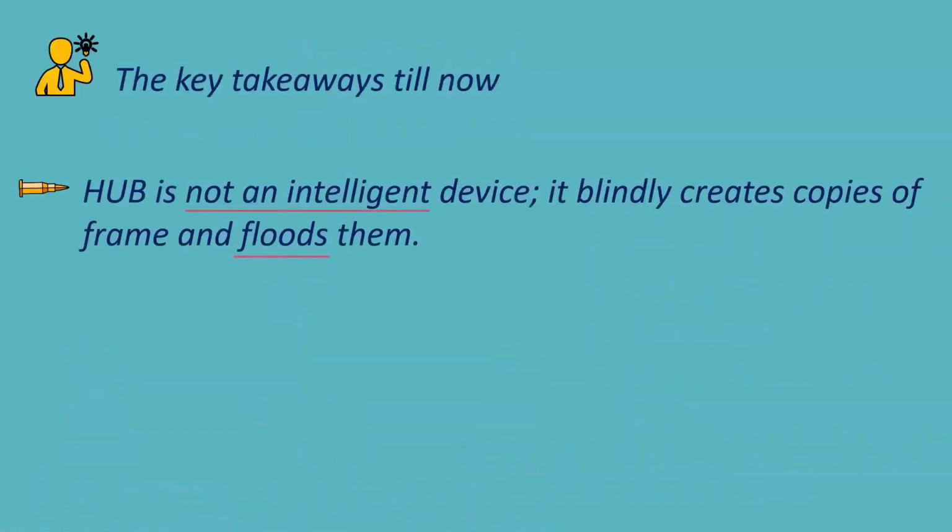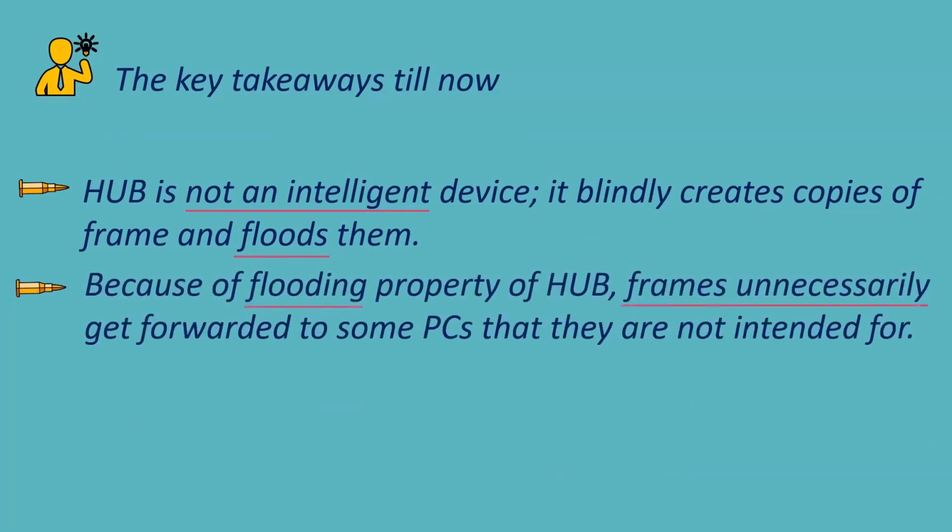So the key takeaway to summarize again is that the hub is not an intelligent device. It blindly creates copies of the frame and floods them. Because of the flooding property of the hub, frames unnecessarily get forwarded to some PCs they are not intended for. In the example we just covered, it was intended only for PC2, and PC2 accepted it, but because of the flooding property PC3 still received it and wasted its cycles.